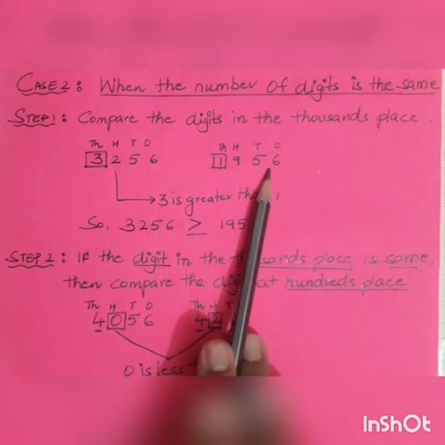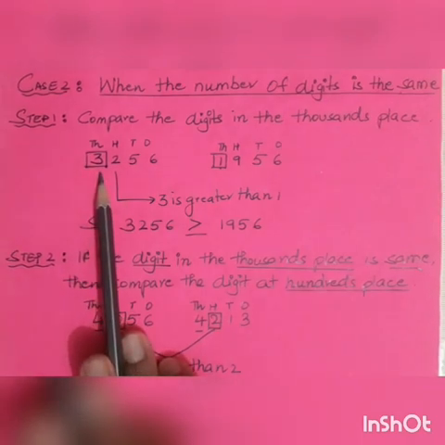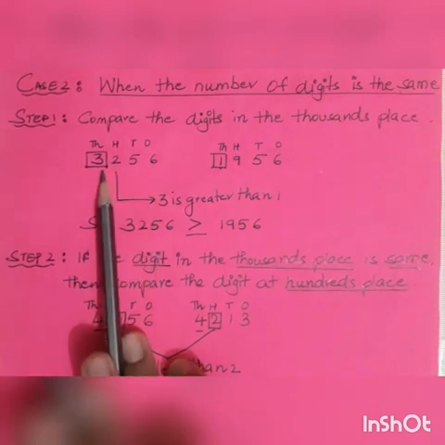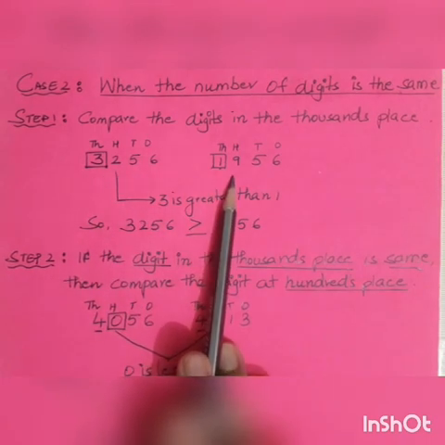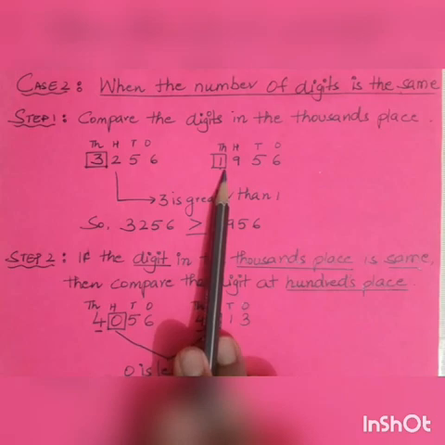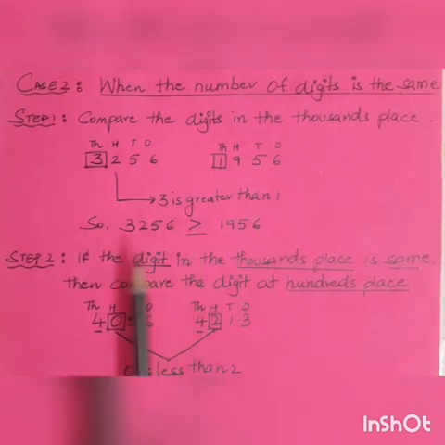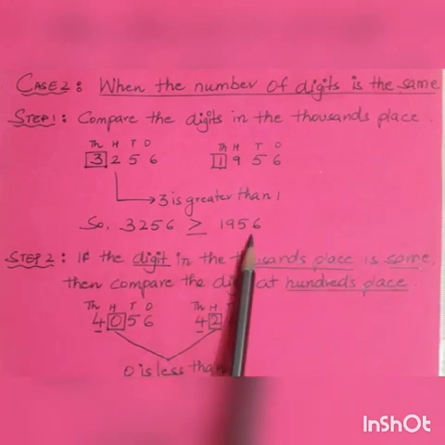So now what we are going to do is we are going to compare the highest place in both the numbers, that is the thousands place. Here in 3256 the digit at thousands place is 3, whereas in 1956 the digit at thousands place is 1. We know that 3 is greater than 1, so we can say that 3256 is greater than 1956.